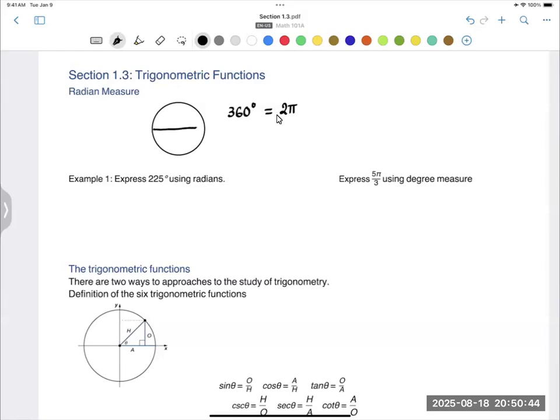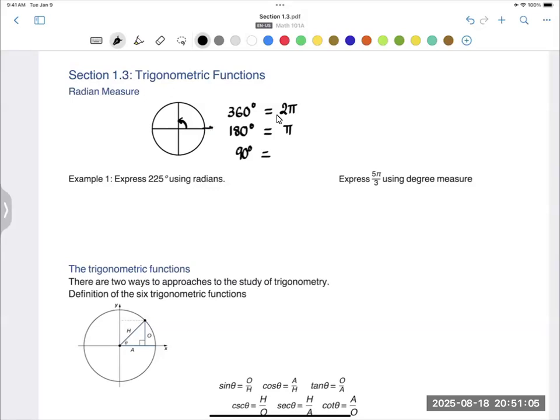If I divide that into half, then you're going to have 180 degrees for the angle, and that is equal to 1 pi. If I cut that into 4, then each of these is going to be 90 degrees.